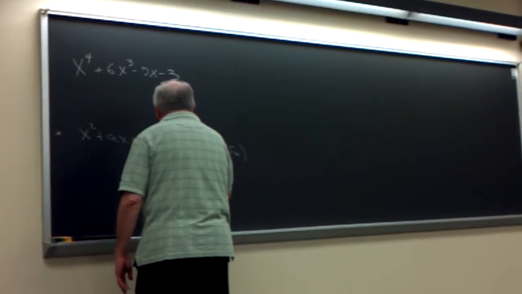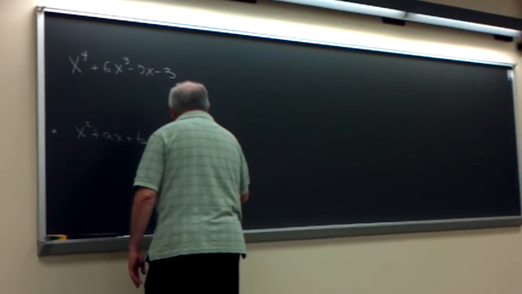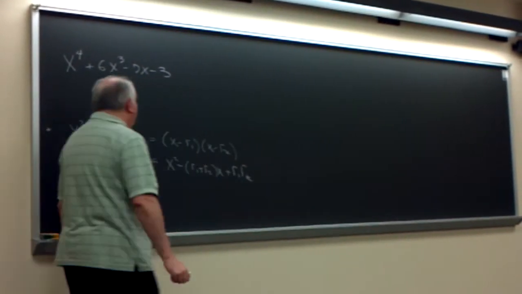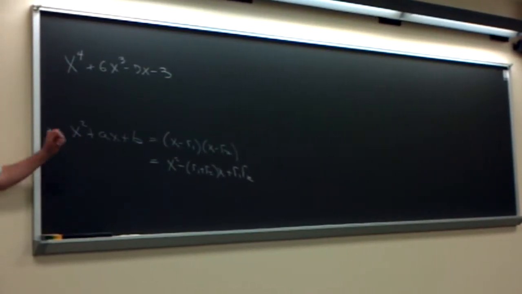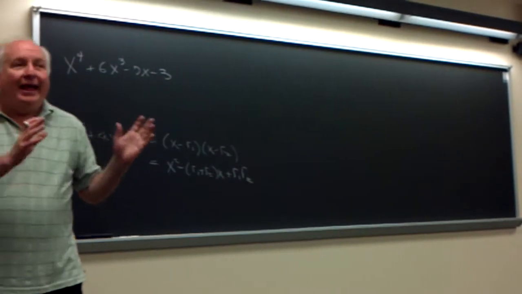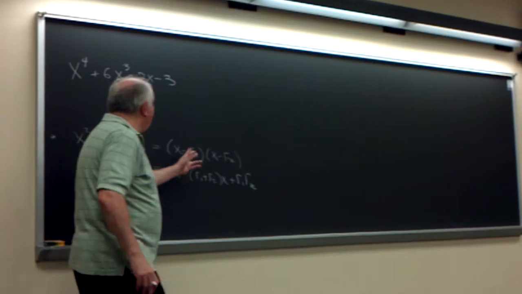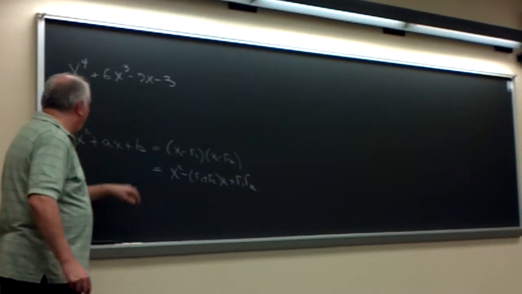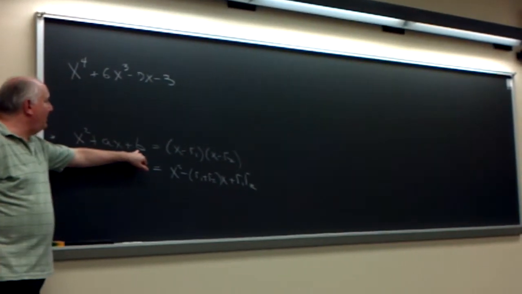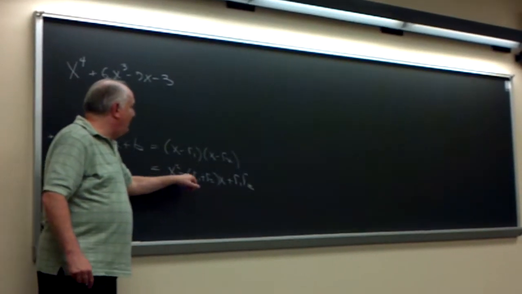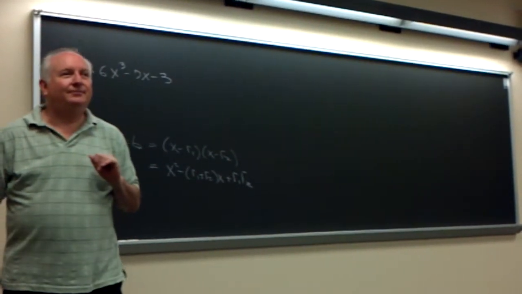So this is x squared minus (r1 plus r2)x plus r1 r2. If you have a quadratic and go to the complex numbers, you're guaranteed that's where the roots are. B is the product of the roots, and A is the negative of the sum of the roots.